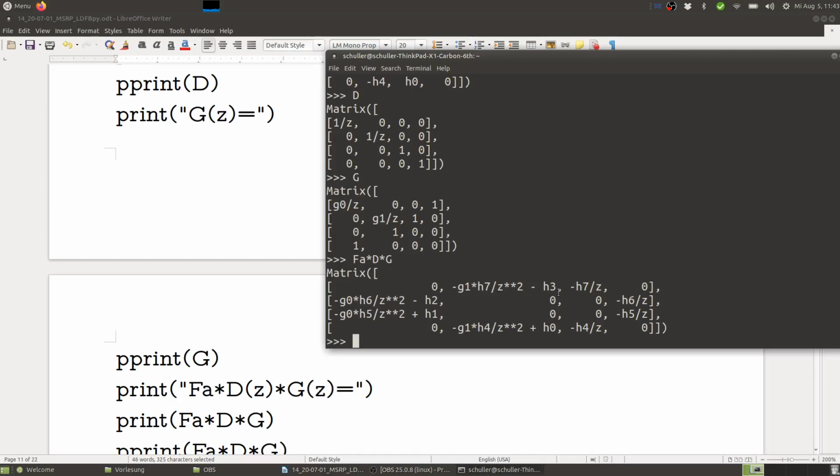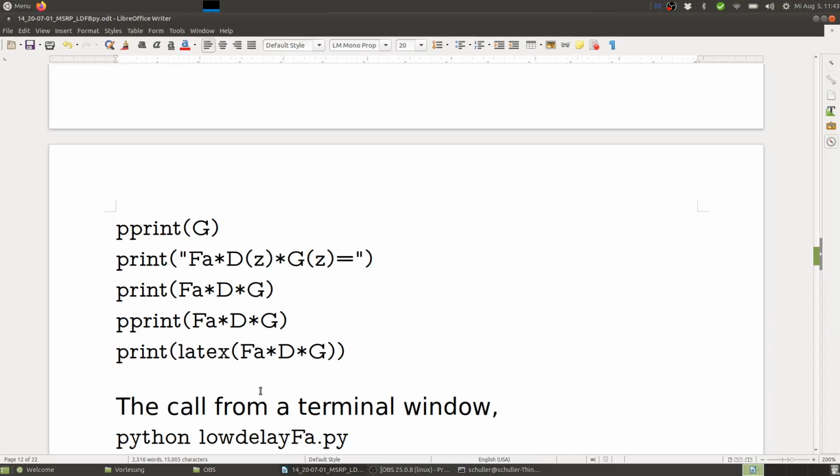So now it's not only going up to the z to the minus 1, but z to the minus 2. Right, so we have indeed one additional block here, which we get as the length of our filter. So exactly what we wanted.